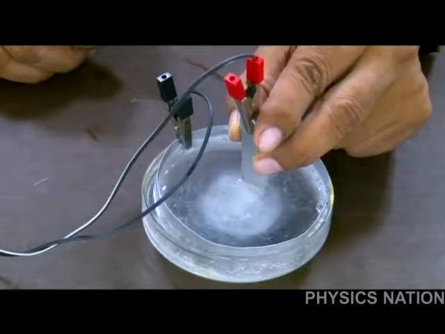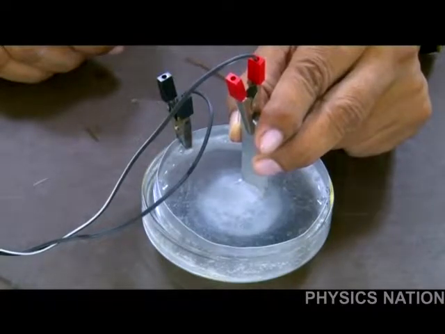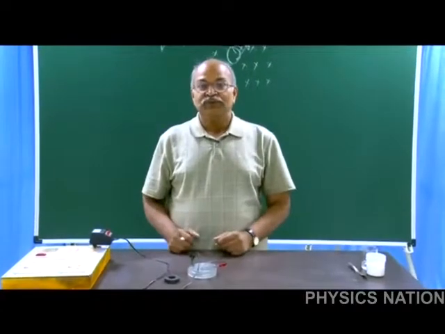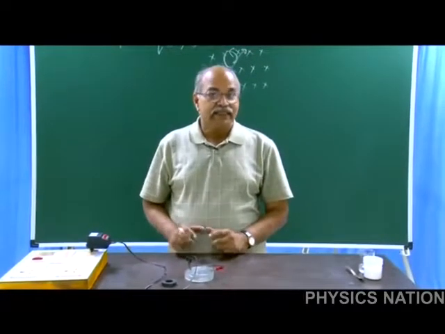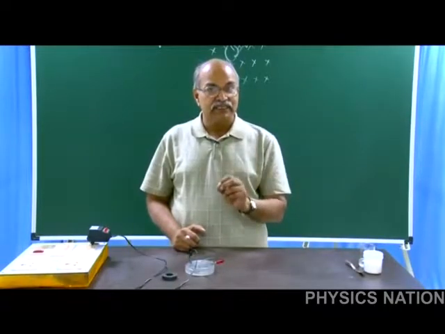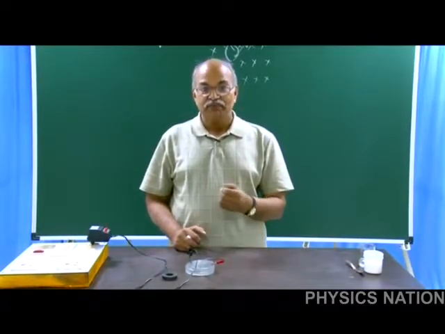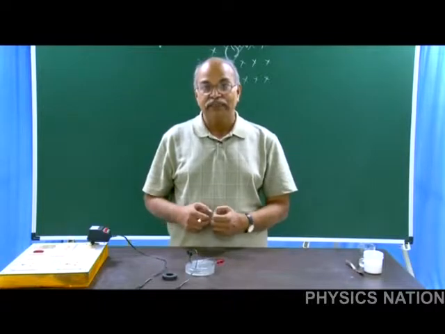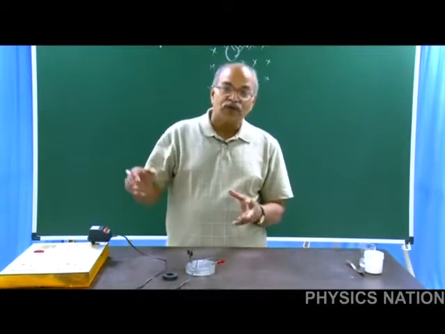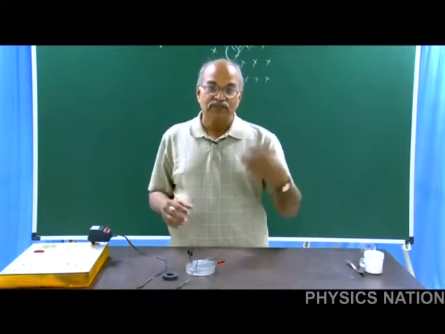So let us understand how F equal to QV cross B is operating in this situation. Now, as you know, salt is an ionic compound. When we dissolve salt in water, the sodium plus and chlorine minus are separated, surrounded by water molecules.